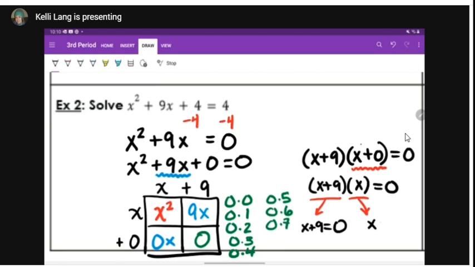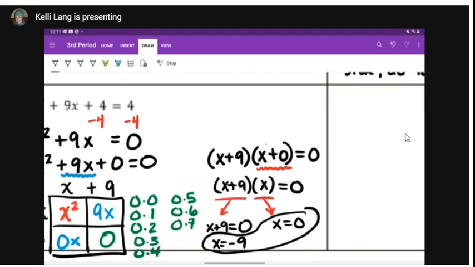X plus 9 equals 0 and x equals 0. And we get two answers. X equals 0, of course, we didn't have to do any work there. And x equals negative 9. If you could get that last step done without any scratch work, you're fine. Go ahead and do that in your head if you know the pattern and you want to stick to it.